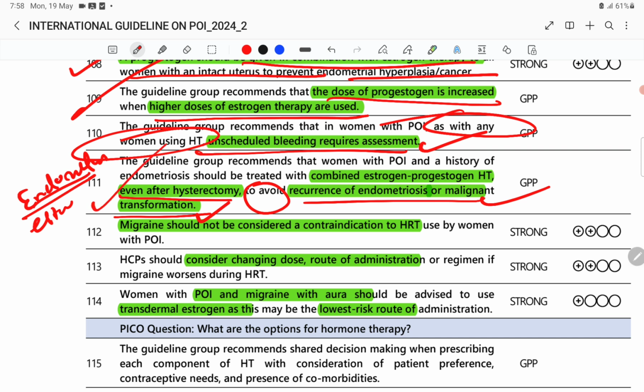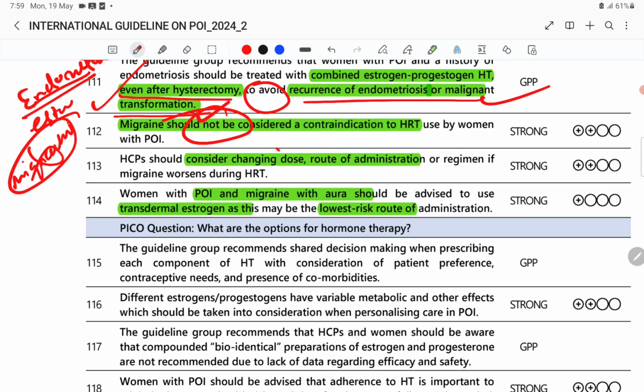So very, very important: migraine should not be considered a contraindication. Migraine is no longer a contraindication. Consider changing the dose or route of administration if migraine worsens during HRT. If it worsens, then only change the HRT dose and route, but it is not a contraindication to HRT.